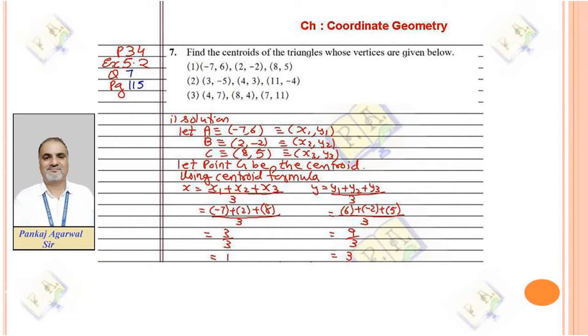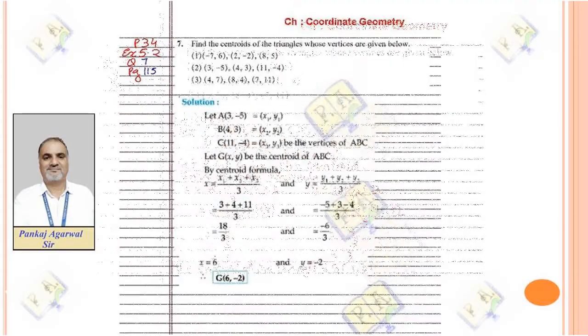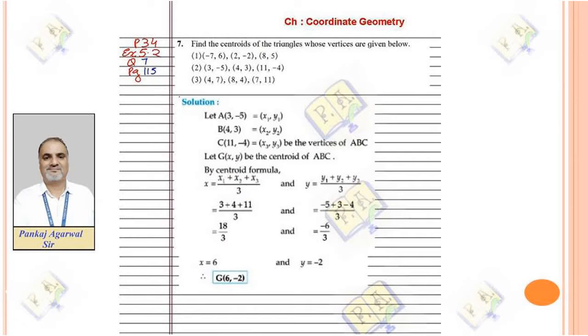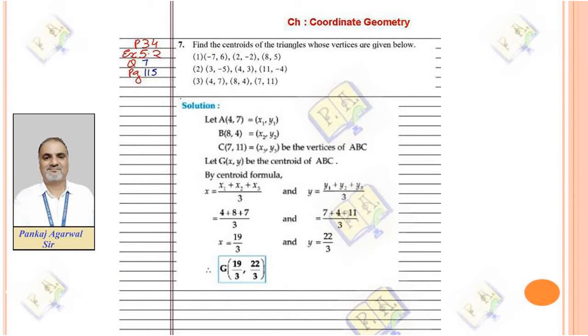On substituting the values, we'll get (6 + (-2) + 5)/3 and the final answer will be 3. Hence, we can write the final statement as the centroid of the triangle is G(1, 3). In the same manner, we can do the second sub-question as well as the third sub-question.